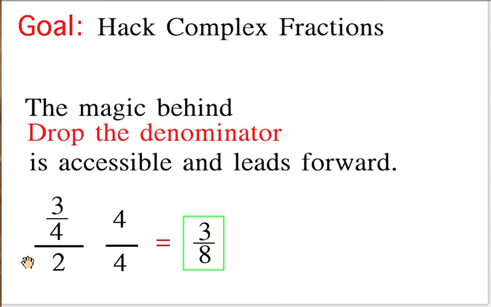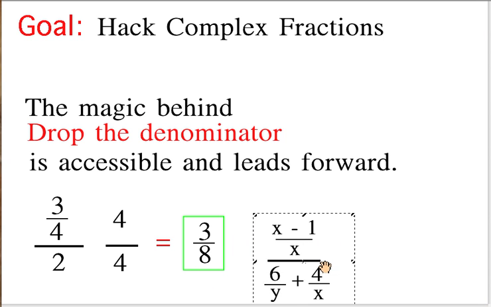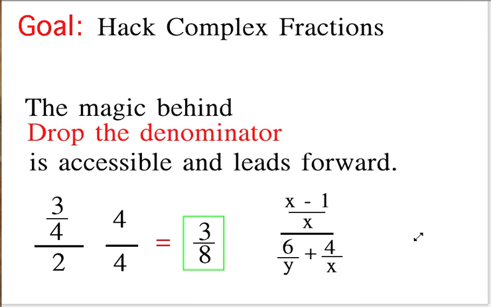Now, why does this lead forward? Well, consider that problem I said that the hack does not handle. This is the more complicated sort of complex fractions that you see in college algebra. Again, to simplify this, just like the hack, you're going to multiply by a fancy form of 1. But in this case, what you're going to multiply by is the common denominator to all 3 fractions there.